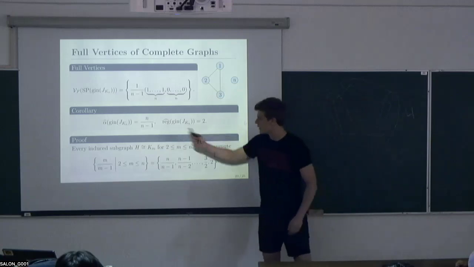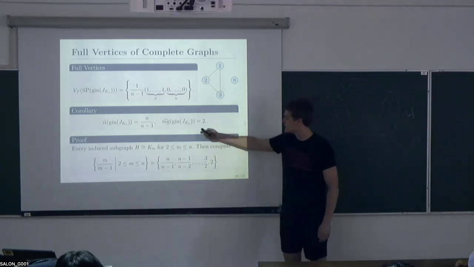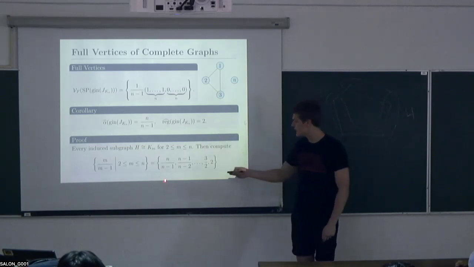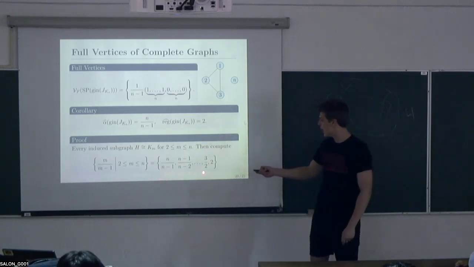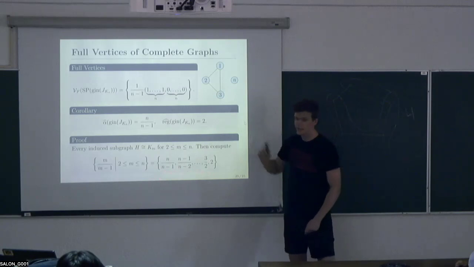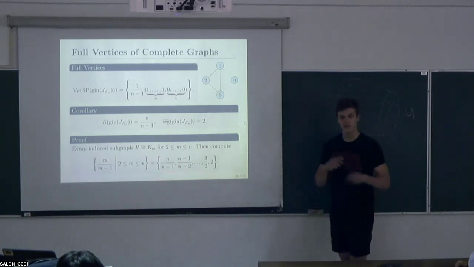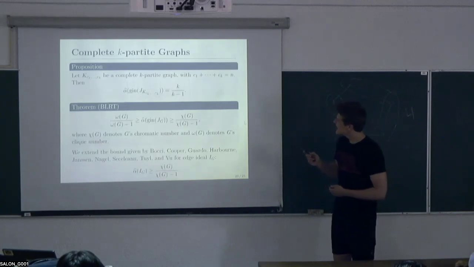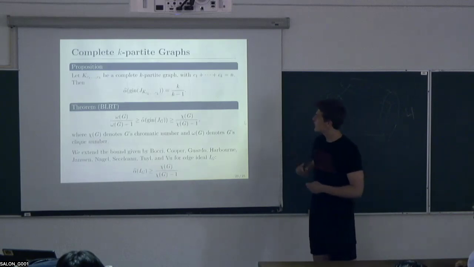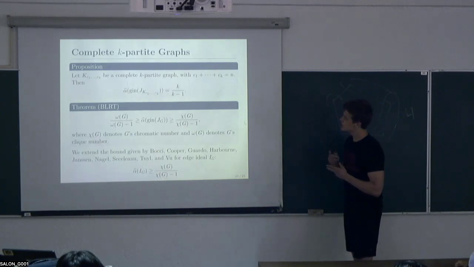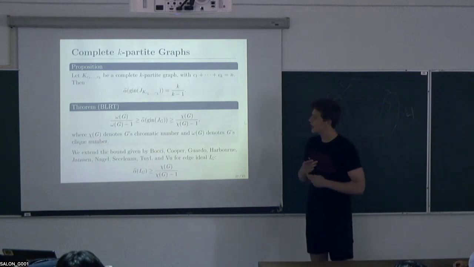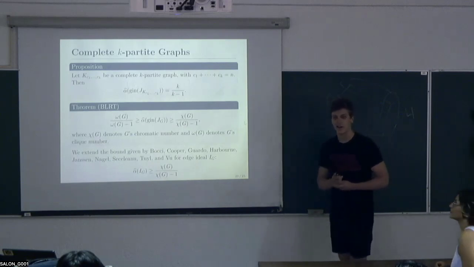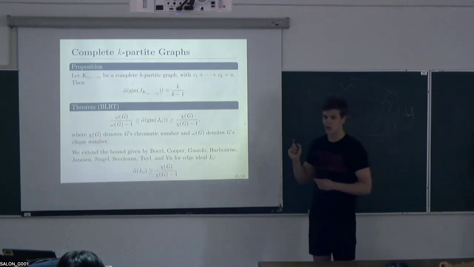So that's how you get the Boltzmann constant and the asymptotic regularity, because now I'm just taking the maximum and minimum of these sets, because every induced connected subgraph of the complete graph is just another complete graph. And so now we have this other proposition, which gives the Boltzmann constant for the gin of a complete k-partite graph, which is k over k minus 1.